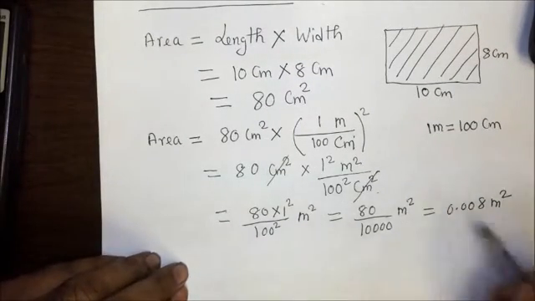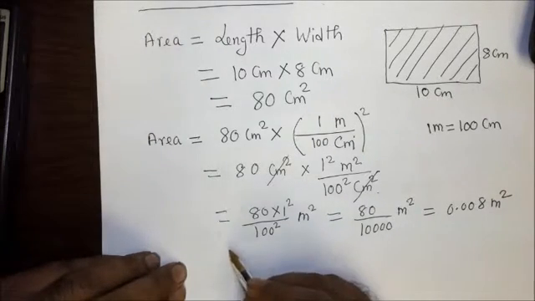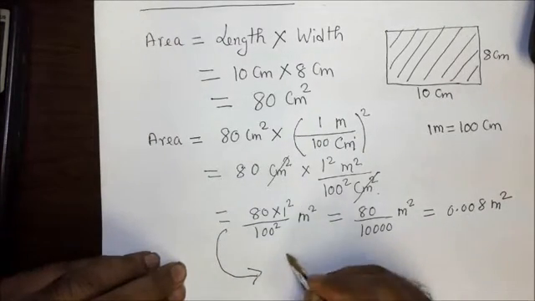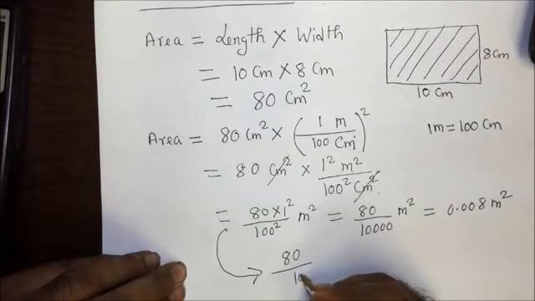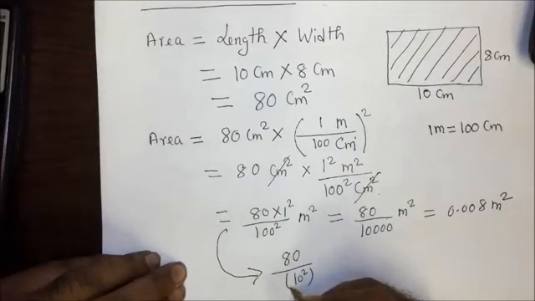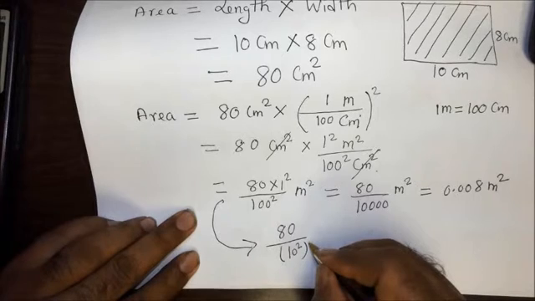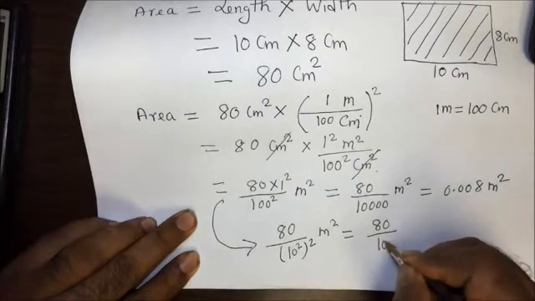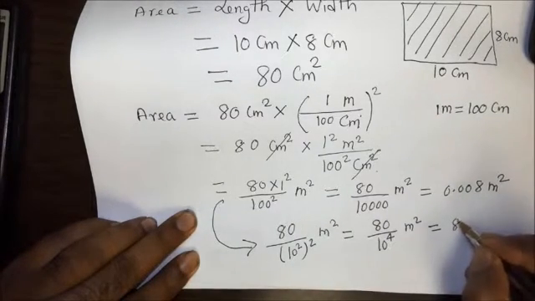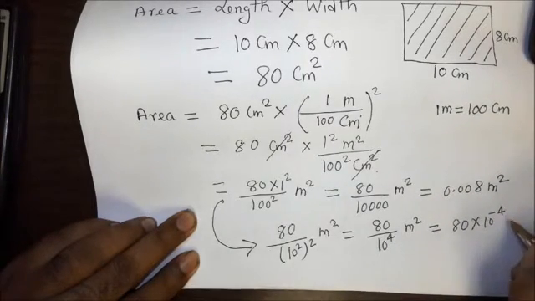This one can be done without using a calculator also. Look at this, how I can do it. 80, this is like 10 to the power 2. 100 means 10 to the power 2. And this squared is equal to 80 over 10 to the power 4 meter square. 80, when you take it upside, it becomes 80 times 10 to the power minus 4 meter square.